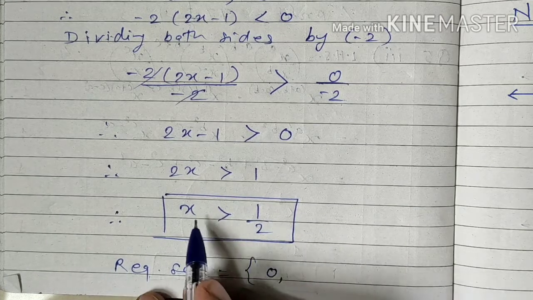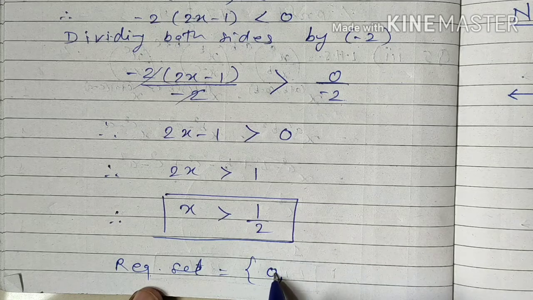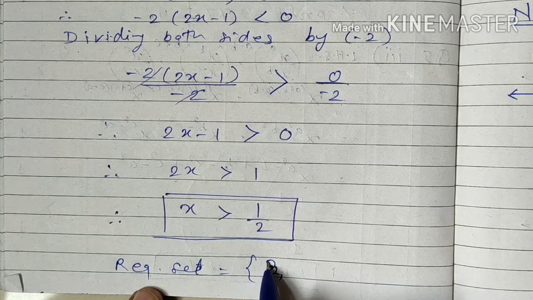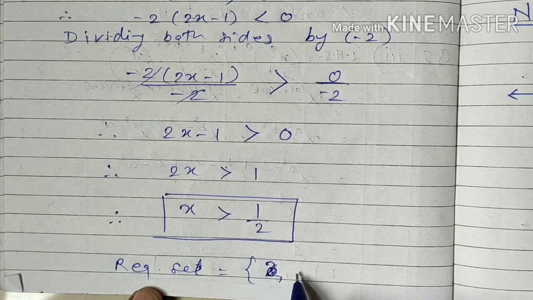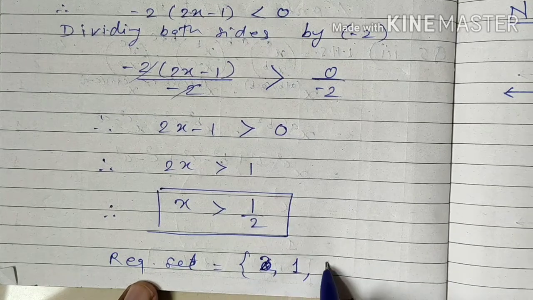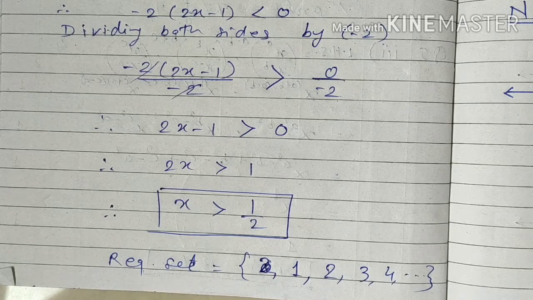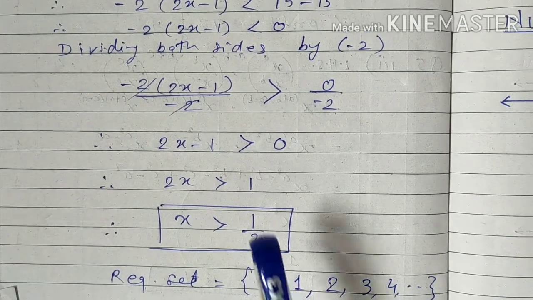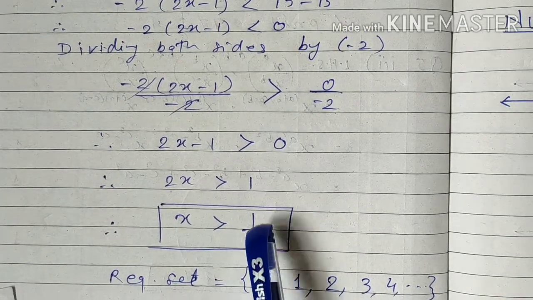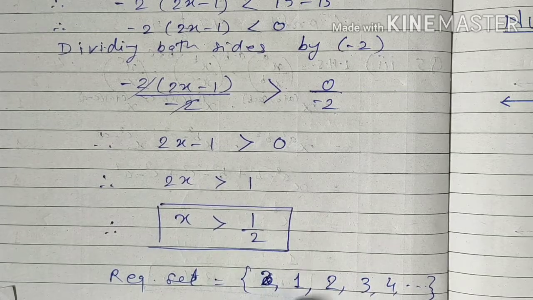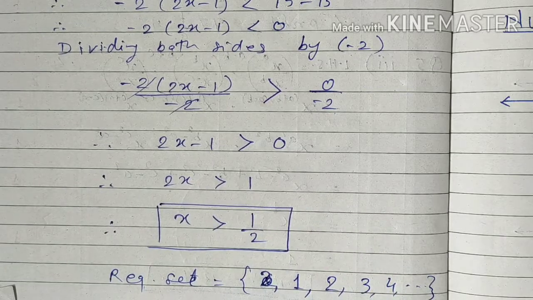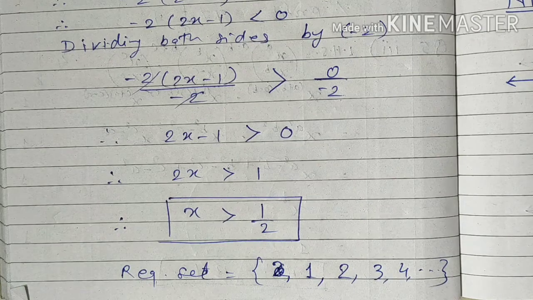Integer greater than 1 upon 2, that means half, greater than half is 1, 2, 3, 4 up to infinity, since it is the integer set.